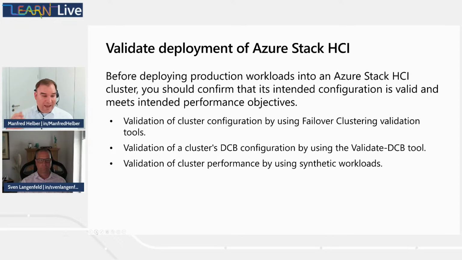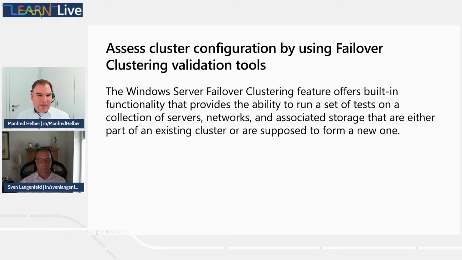So we already have very powerful reports that are created there, but you should additionally maybe do some checks in the network. There's a tool for validating the data center bridging, the validated DCB, to ensure that we have all the functionality tested in your specific environment.